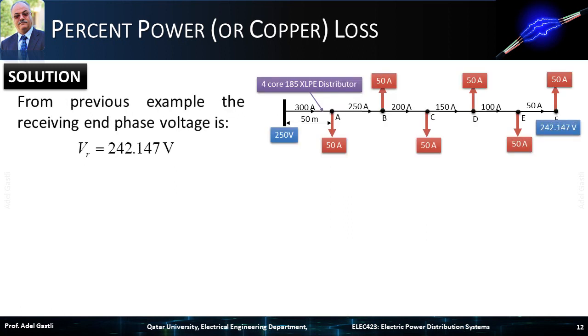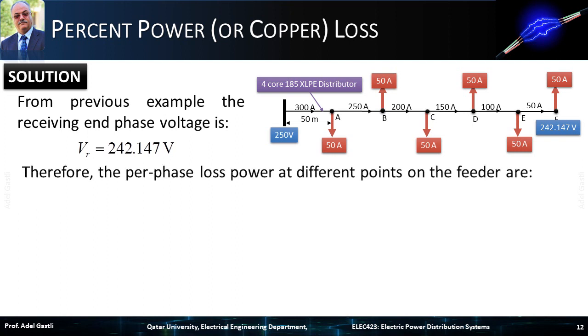From the previous example, the receiving end phase voltage is VR equals 241.147 volts. Therefore, the per-phase power loss at different points on the feeder is calculated as follows.